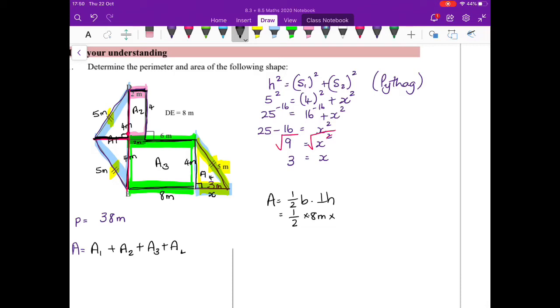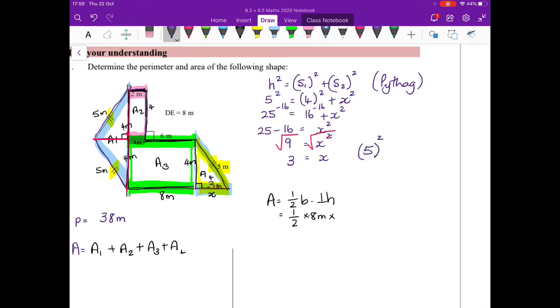So let's do Pythag here. Right, so hypotenuse squared. So if I'm using this triangle here, hypotenuse is 5 meters. So 5 squared. Let's forget about the meters. Let's just work with the numbers.